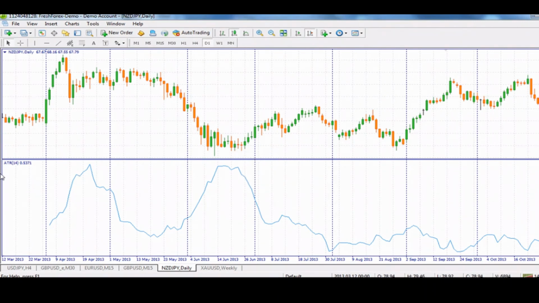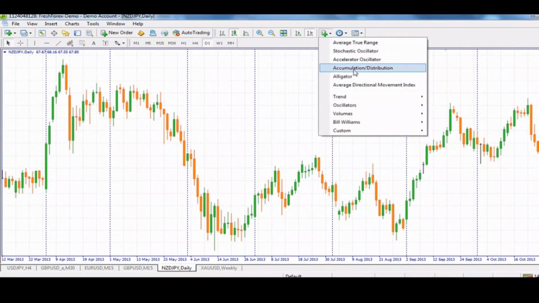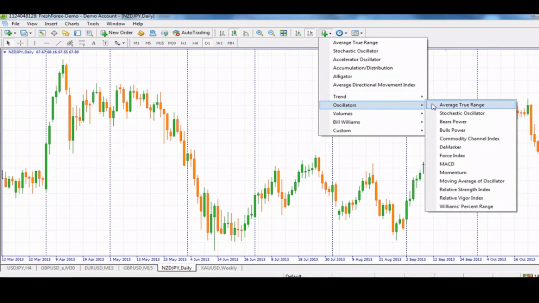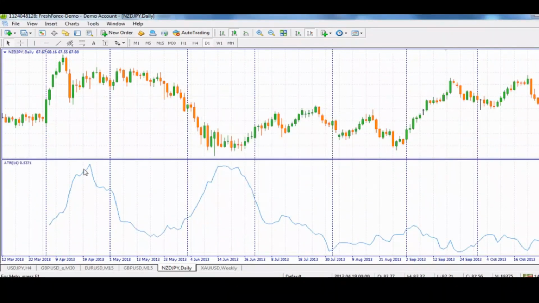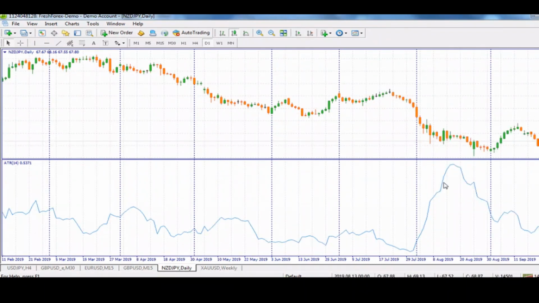So to add this indicator, the one which I'm having on my screen, I need to get here a group of oscillators, all of these oscillators, average true range. This is the indicator itself. Currently we have an average true range of 0.5371, which is the average true range of the past 14 candles.